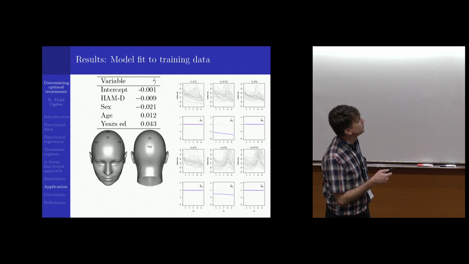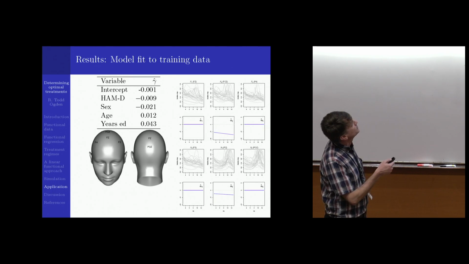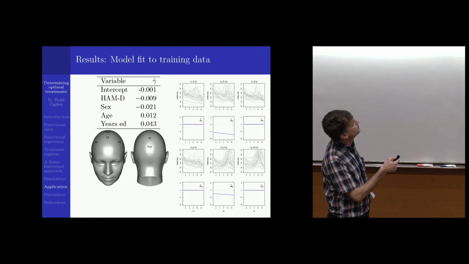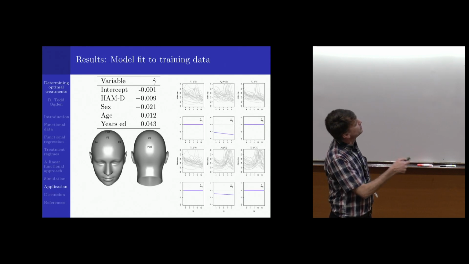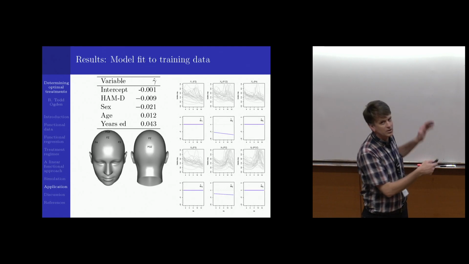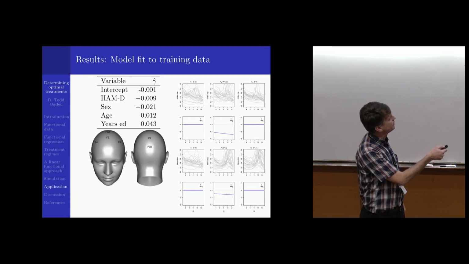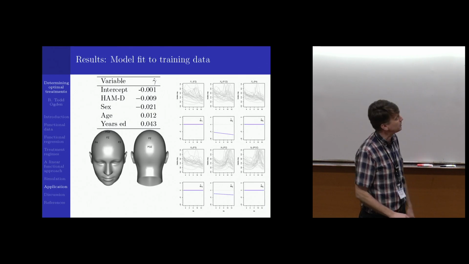As for the functional data, this zeroed out everything except for these 2. These 4 are all 0, and then this one is negative overall, but it starts out higher and then ends up lower, and this one has the same pattern, but a little bit less.